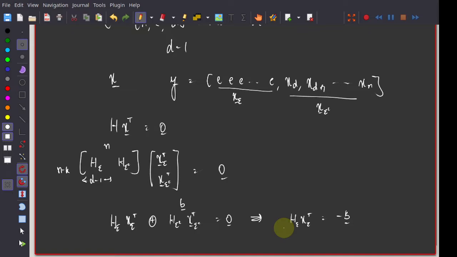So this will always be full rank, and therefore you can correct d minus 1 erasures always. So there's an efficient way of decoding all the way up to the minimum distance minus 1 for an erasure channel, a polynomial time algorithm. So that's the speciality of the erasure channel.